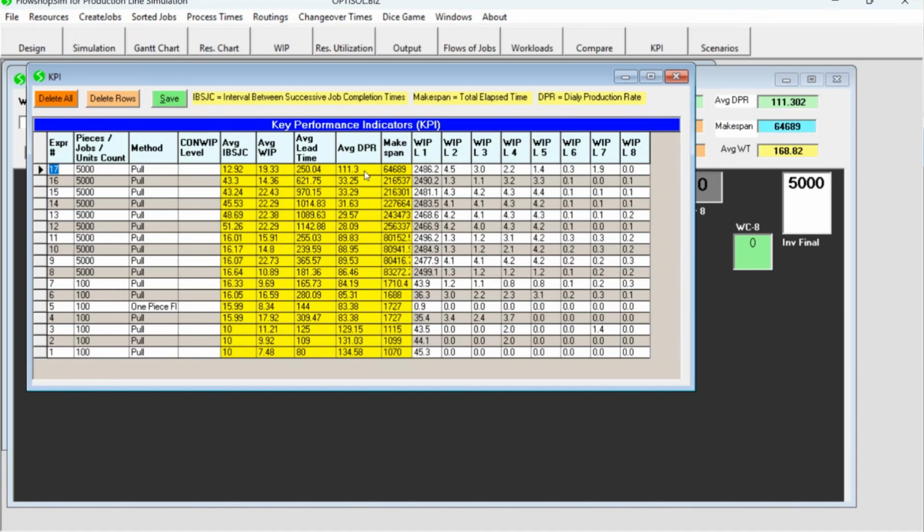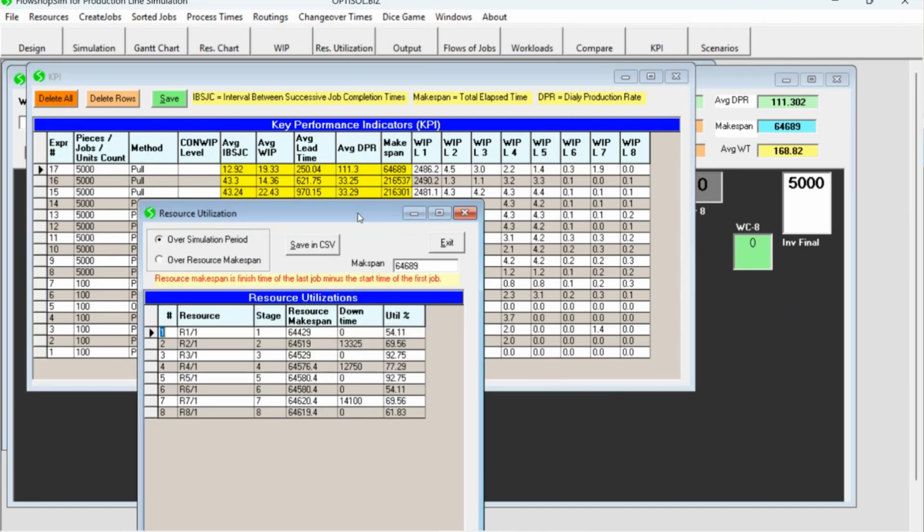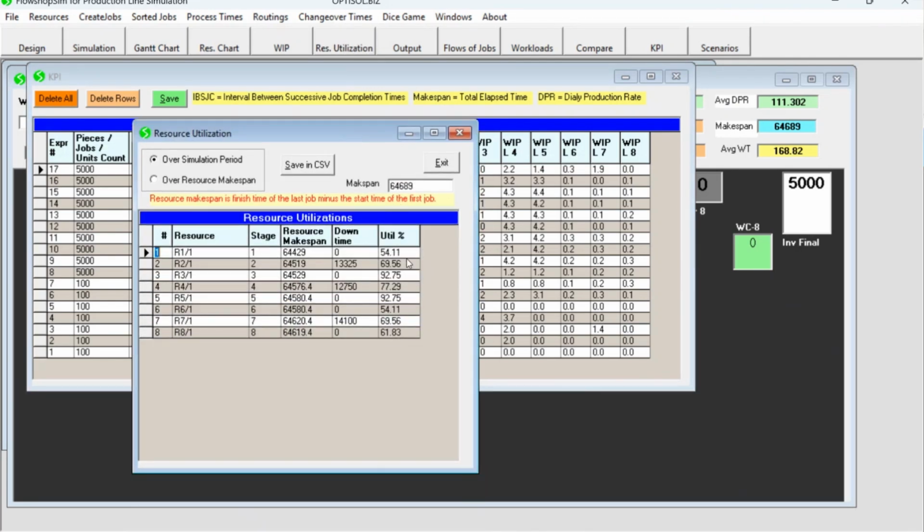So here, the average daily production is 111, and about every 13 minutes we are getting one piece. These are the statistics, and let me show the resource utilization, which I didn't show in the past for other examples. This has a failure, so this is the total downtime during this period.